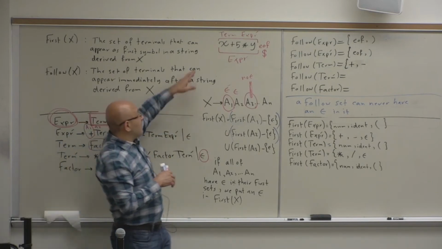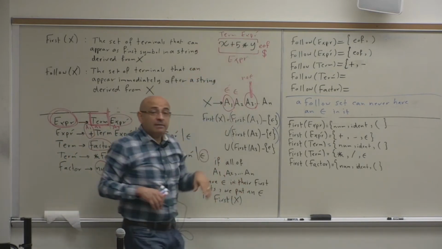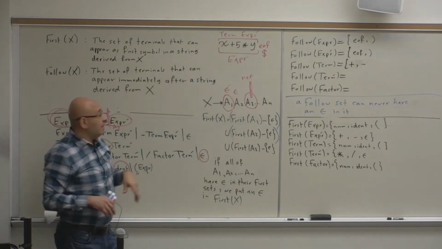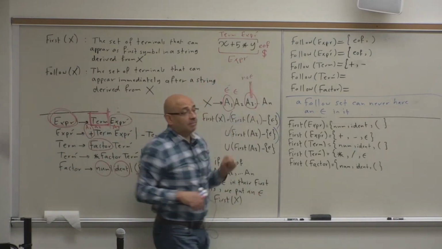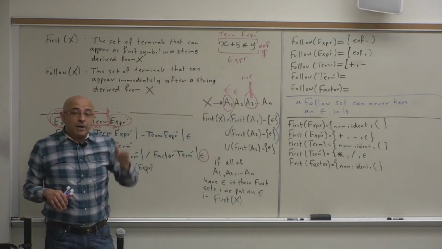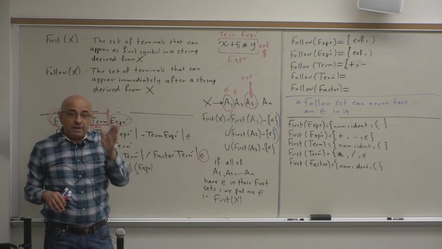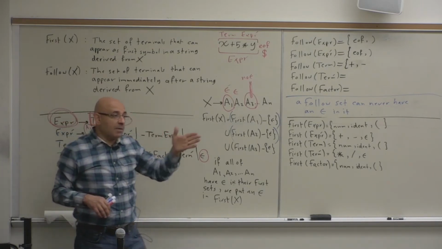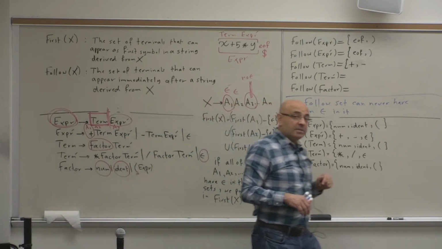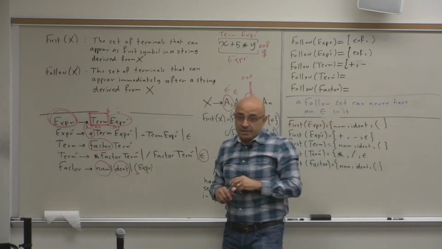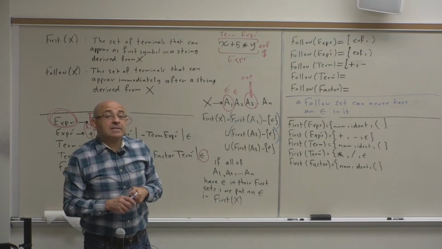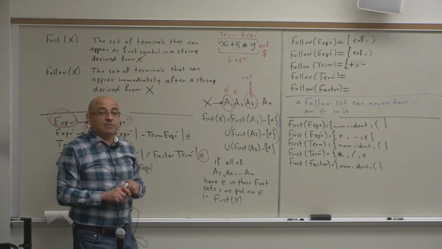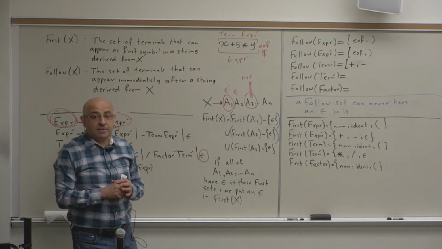And if it's the very last string, if it's in the end, then it will be followed by end of file. So if you are at the end, you are followed by end of file. If you are somewhere in the middle, you are followed by some other terminal, some other symbol in the string. So it never makes sense to say something is followed by epsilon or something is followed by nothing.